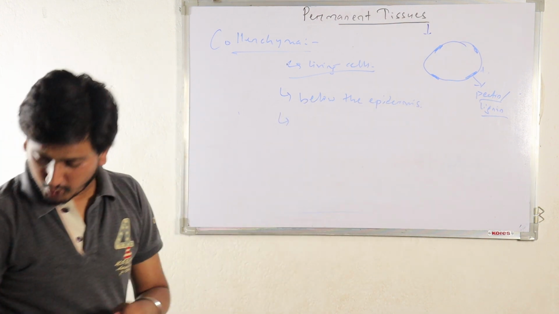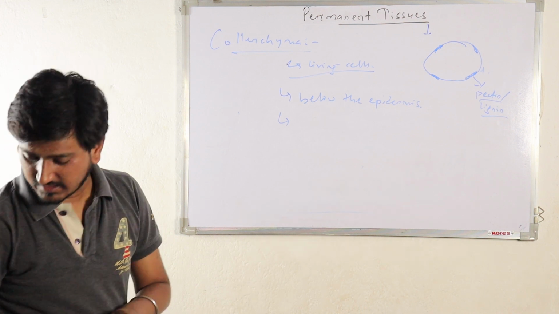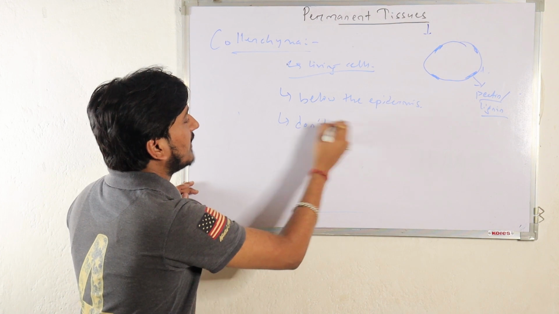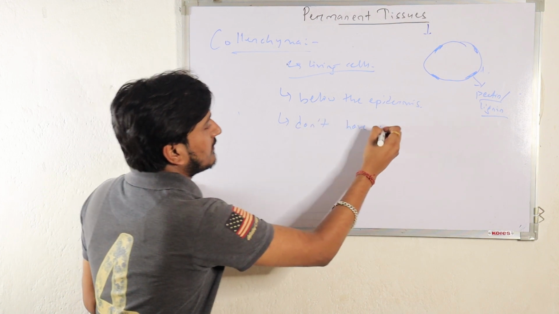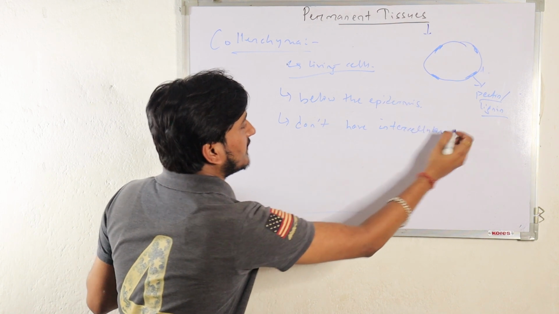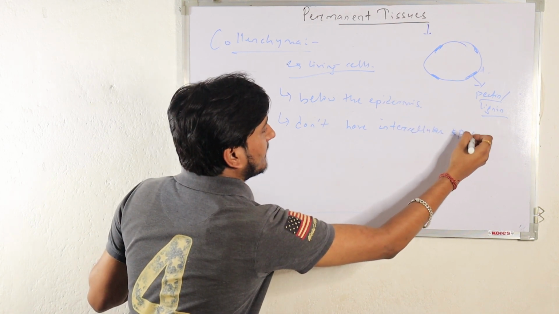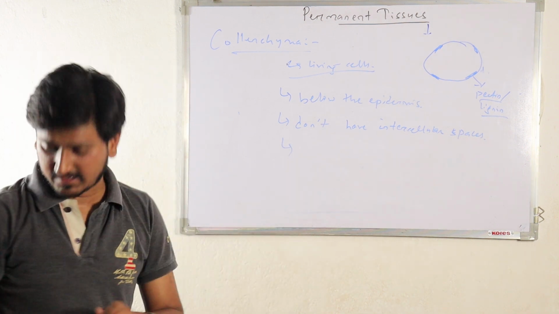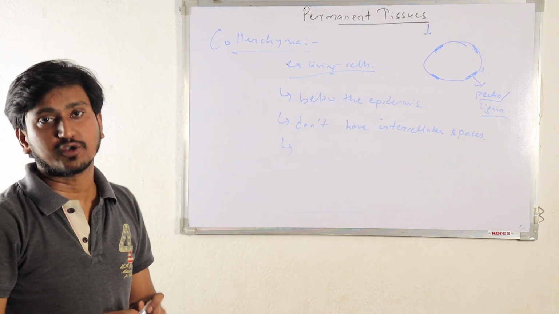They do not have intercellular space. This means that there is no gap between the cells. The cells are very closely packed here. Parenchyma was loosely packed; here it will be closely or densely packed.